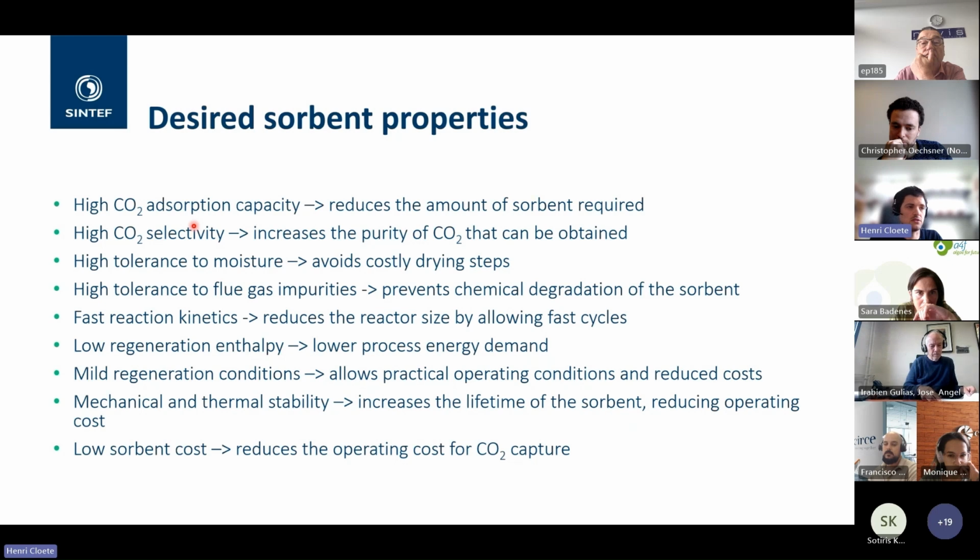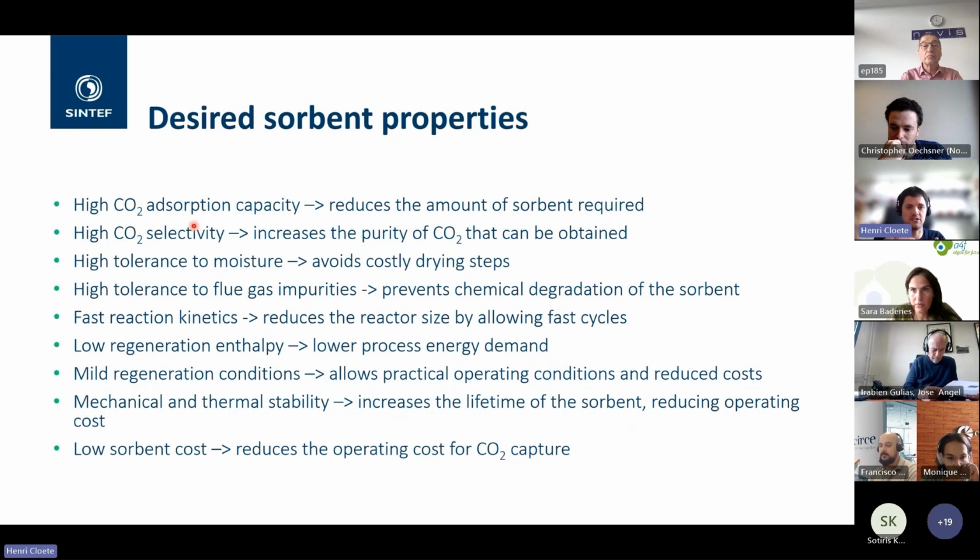It's also very important to have a high tolerance to moisture. In all flue gases, there's some degree of moisture, and in some cases it can be quite high. So in quite a few solvents, there's the challenge that your CO2 and your water can competitively adsorb to your surface.